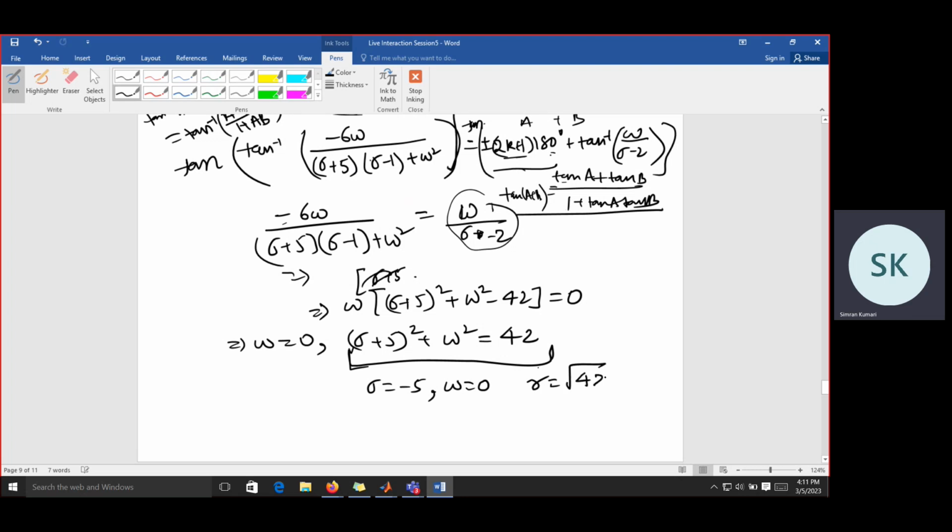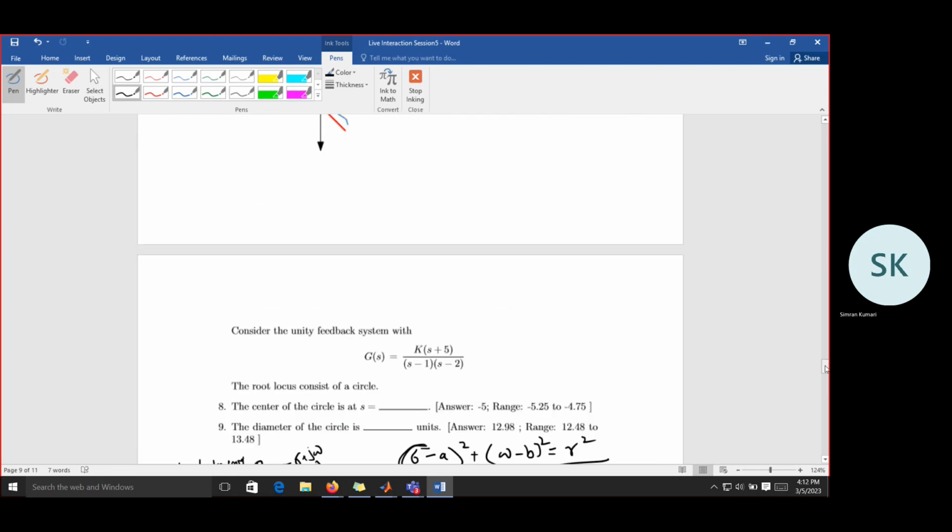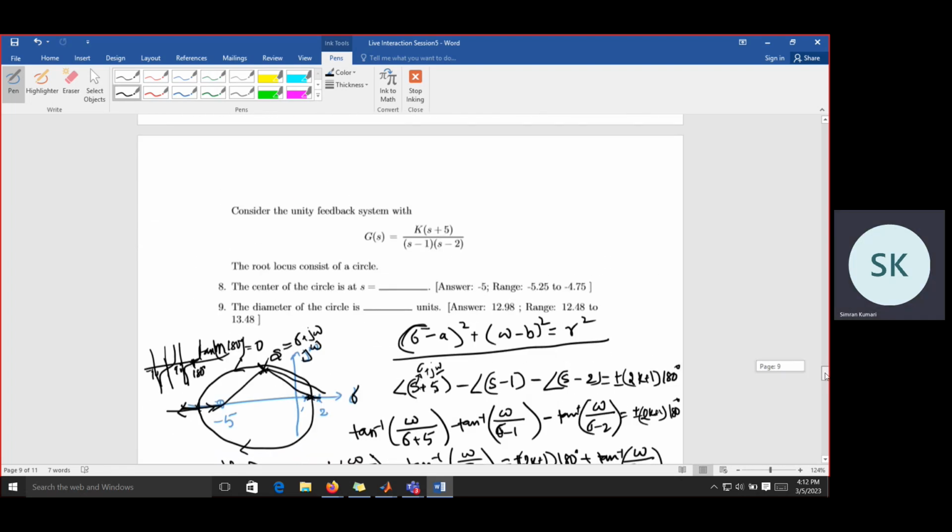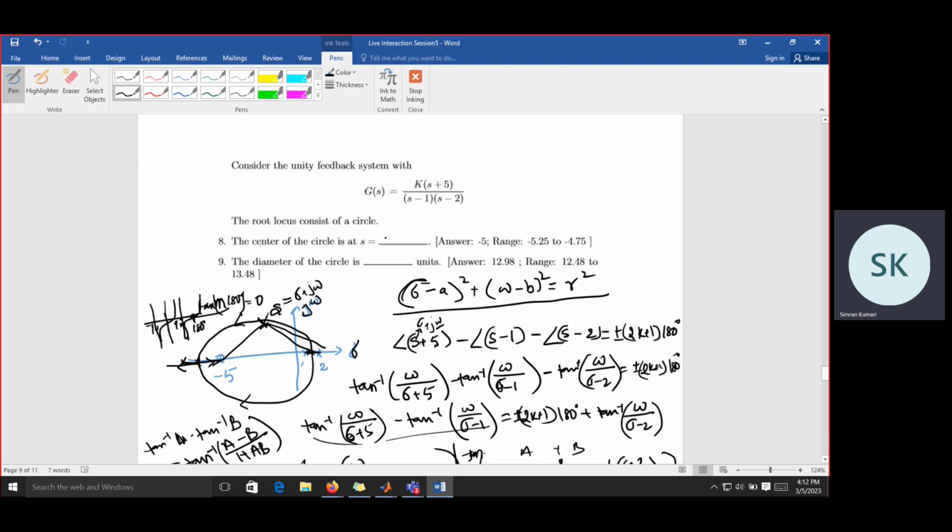It is root under 42 because this is r square. So what is the center of the circle? It will be minus 5 and 0. And the diameter of the circle, since we have got the radius, root under 42, will be 2 into root 42. Okay, now you can multiply this and get it in decimal.